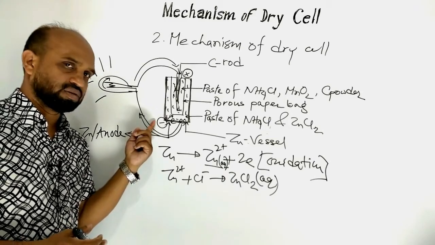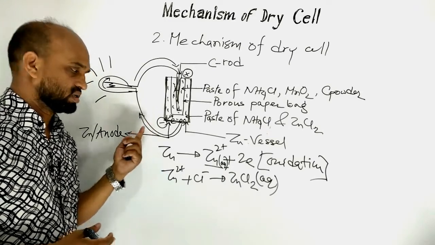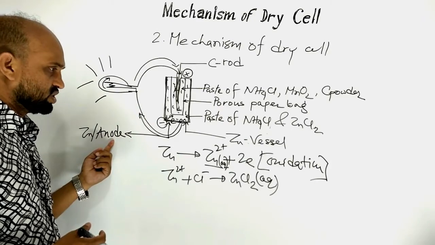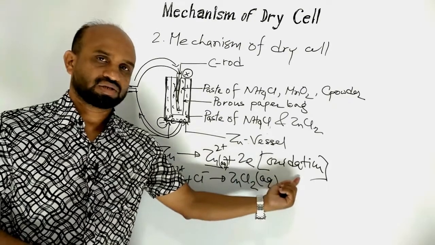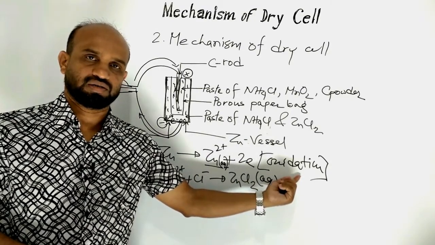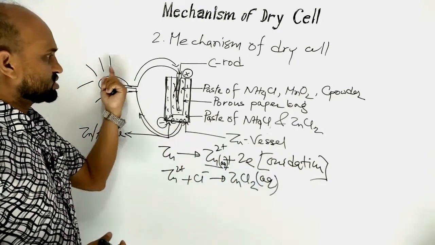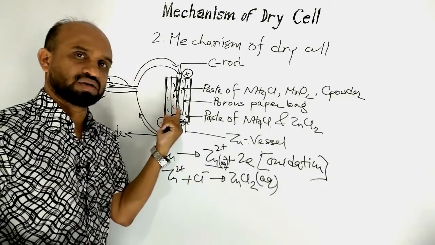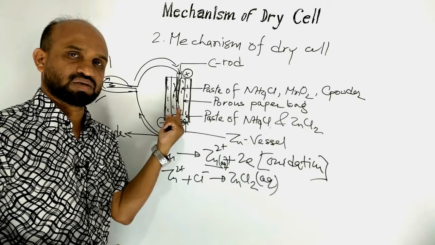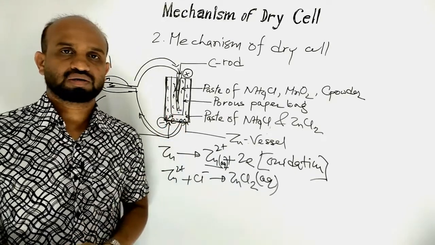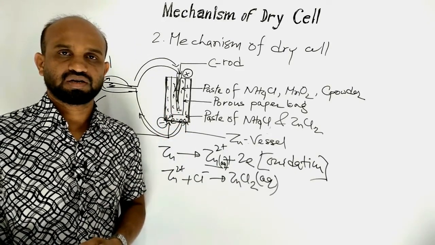This negatively charged zinc vessel is anode because here oxidation is occurring. Now electrons are in carbon rod, but here what chemicals are taking these electrons?